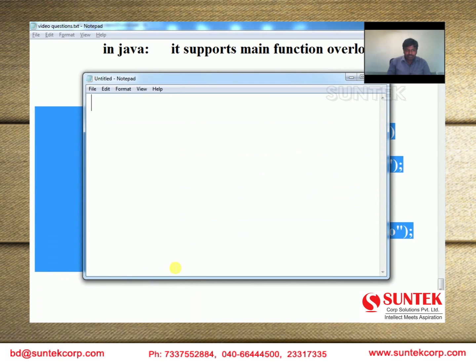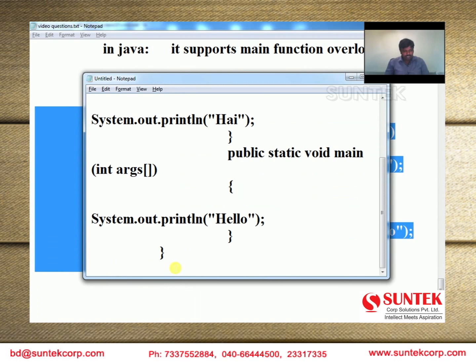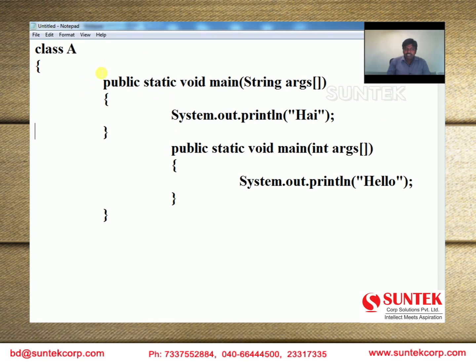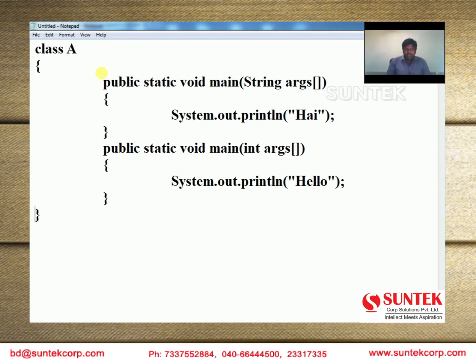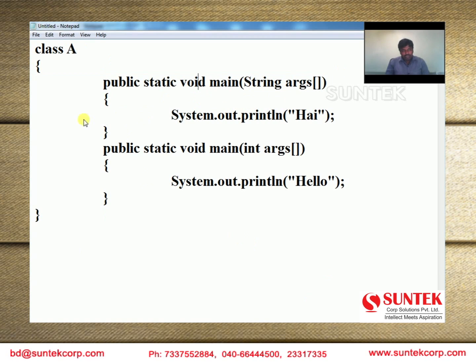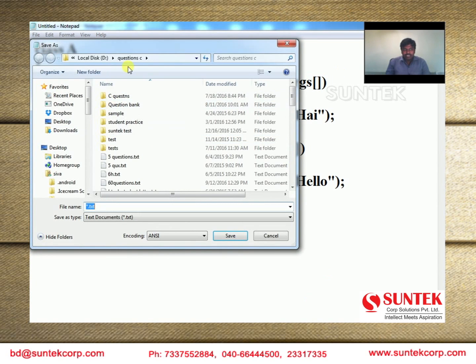I'll show you. Here we are writing class A, public static void main, System.out.println. See this, this is an overloading of the main function. I will show you the execution.